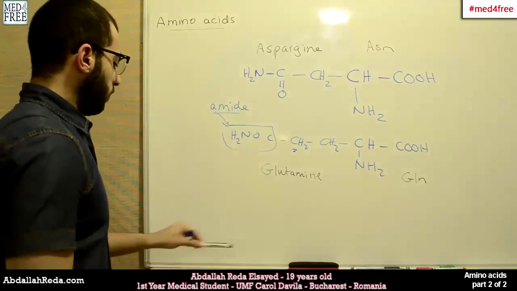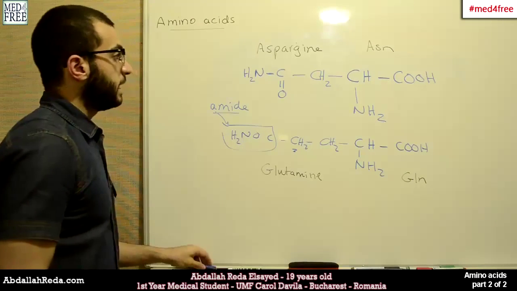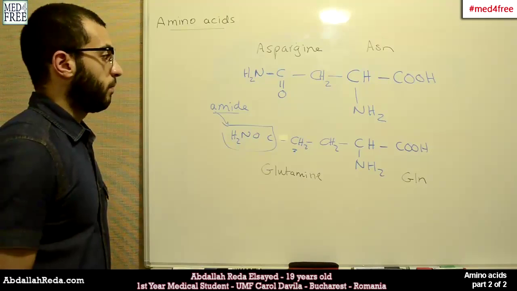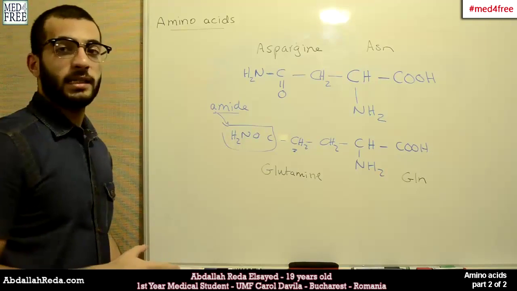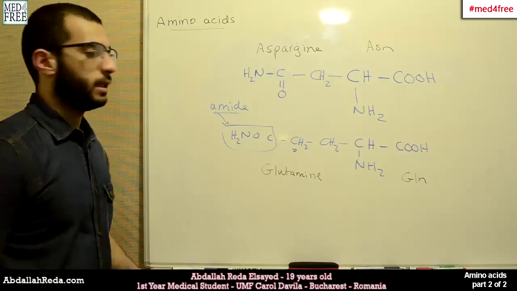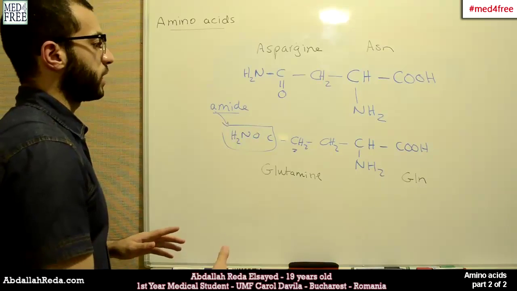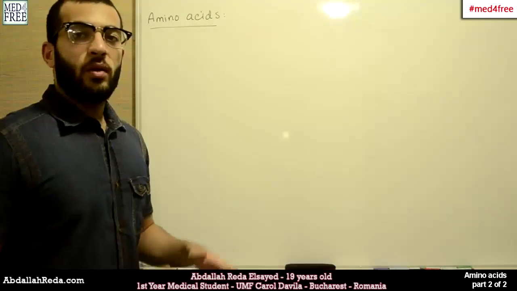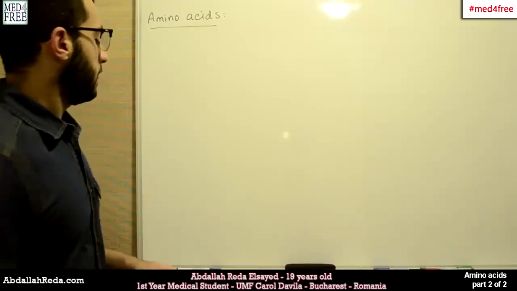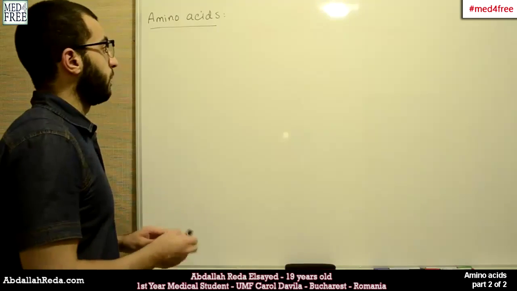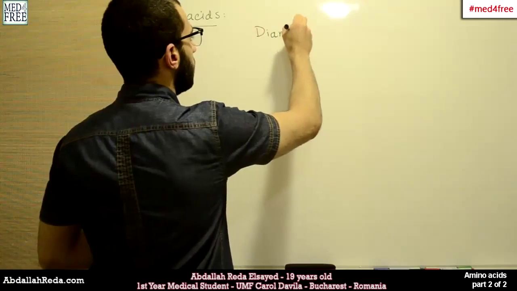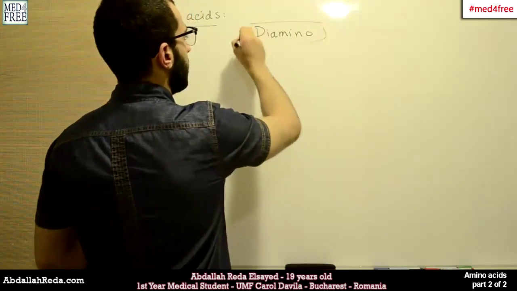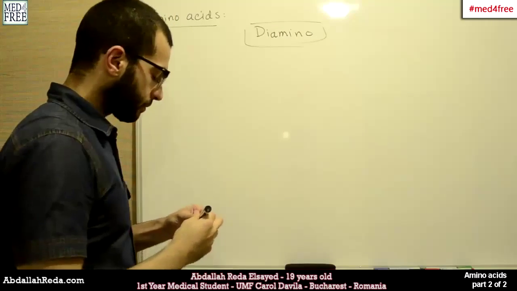So now we talked about 18 amino acids by far. We're going to talk about the last two, which are lysine and arginine, and these ones have the biggest structures, I guess. Lysine and arginine are in a group of amino acids which is called diamino monocarboxylic amino acids.